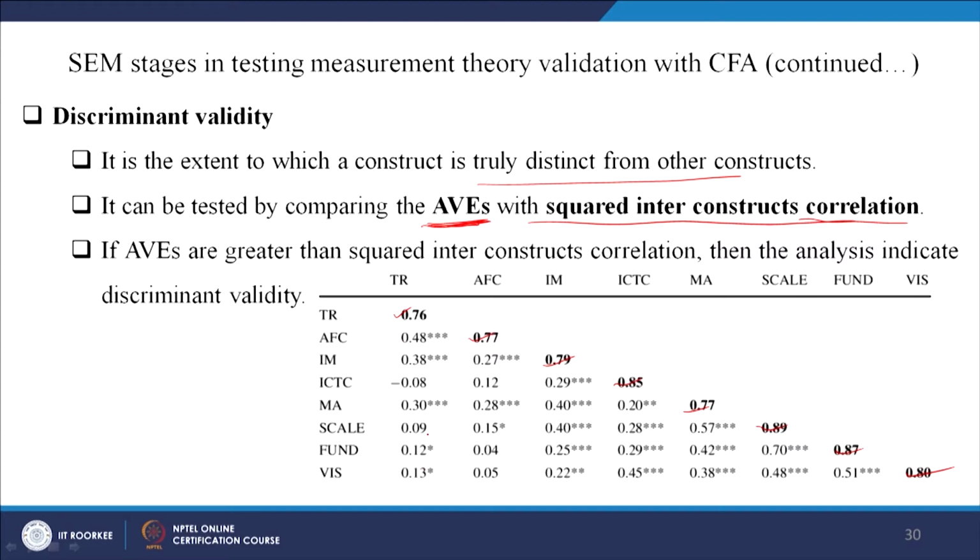Now, what it says is the AVE should always be greater than the squared inter-construct correlation. So, whatever value comes, squared, this value should always be lower than the AVE value, right. If it is true, then we can say this is a clear case of difference between the two constructs, that means there is a discriminant validity among the constructs.